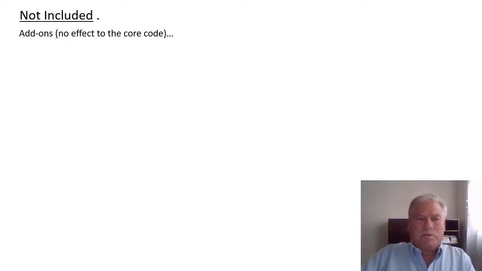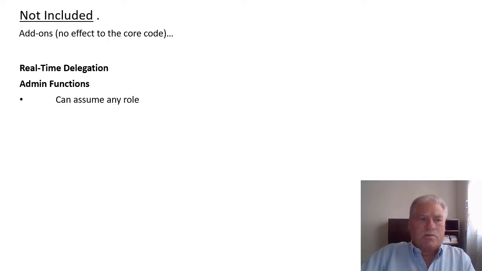What's not been included is functionality that was in the previous system, but not in this system, but code that doesn't affect the core, which are basically add-ons. There's real-time delegation, useful when people are not in the office and you don't want a document to be blocked in the process. There were a few admin functions.